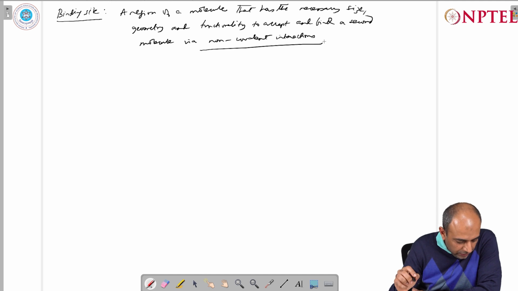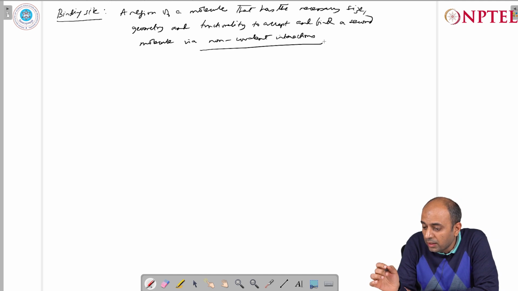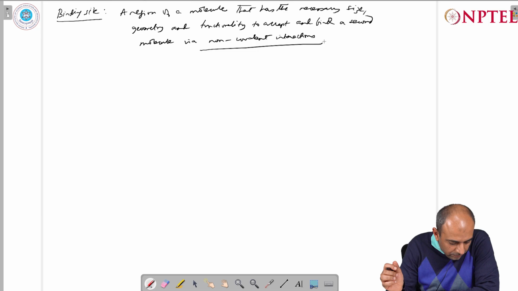So, this is the definition of a binding site, that it is a region where you have the right size, geometry and functionality to bind with a second molecule by non-covalent interactions.